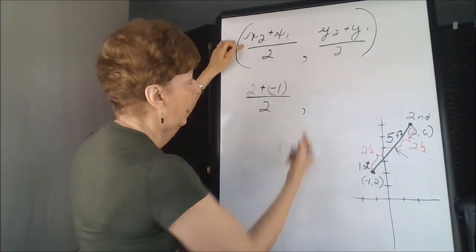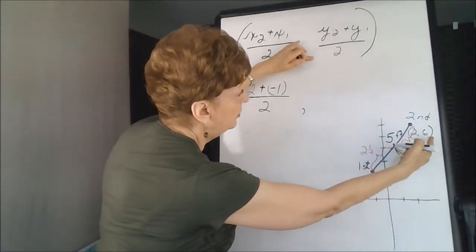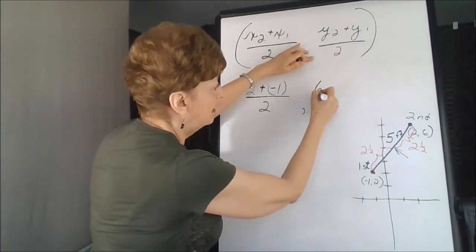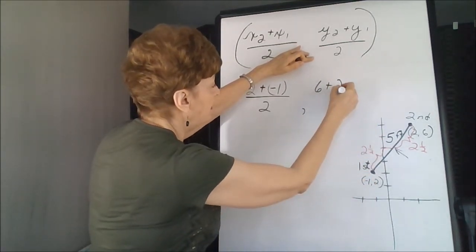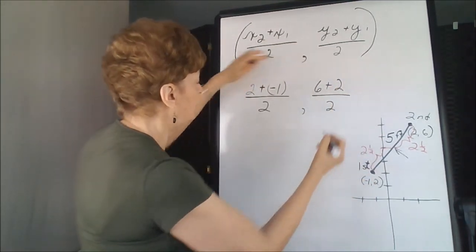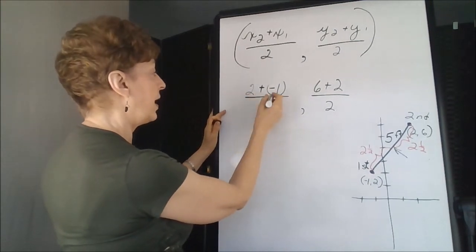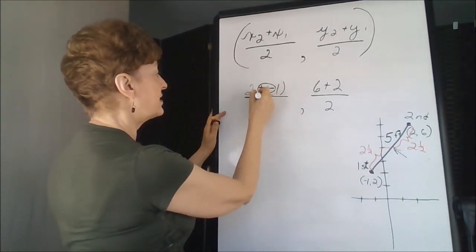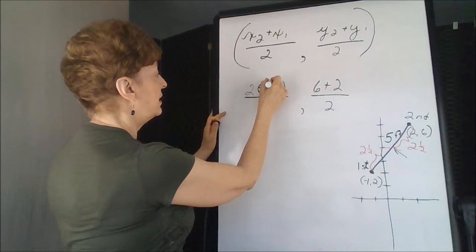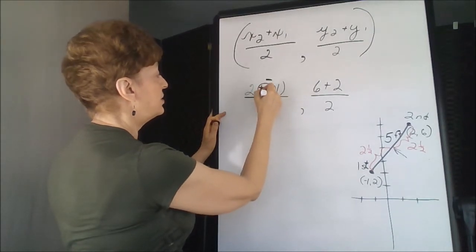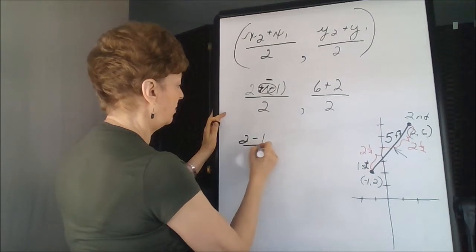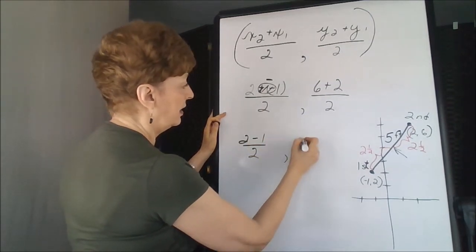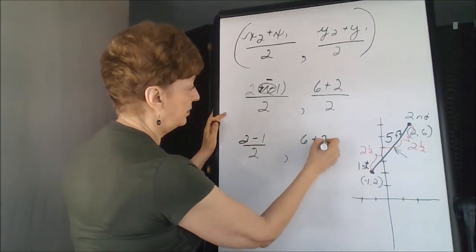And the y would be 6 plus the y value from the first point divided by 2. Our positive and negative rules, here's 2 signs in a row. They're different, so it's going to change the 1 to a negative. 2 minus 1 over 2. 6 plus 2 over 2.